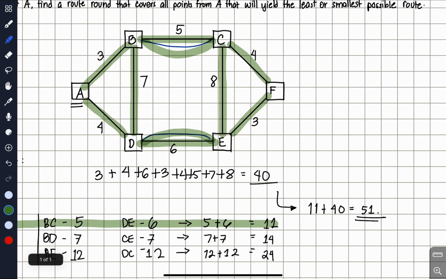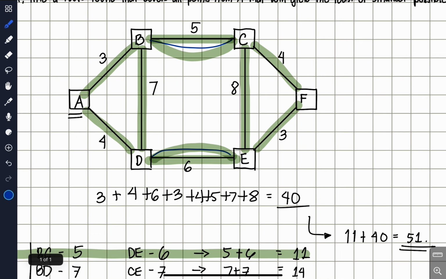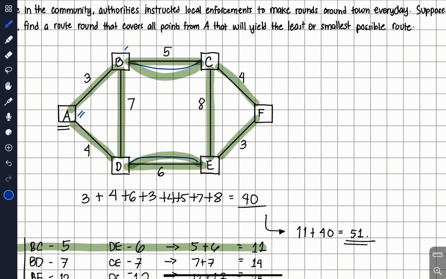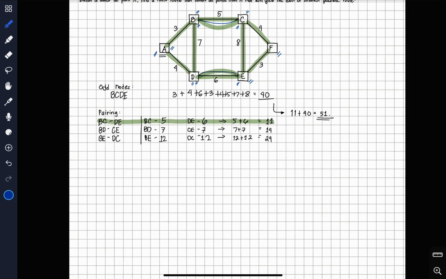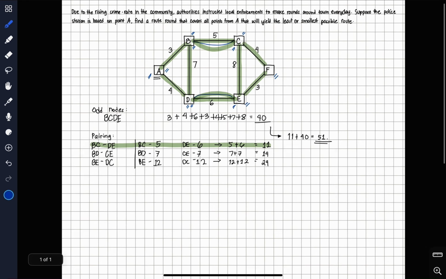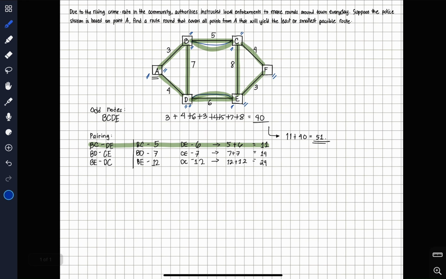We have our path. So again, we went from A, then B, C, F, E, then C again, B, D, E again, then D, then finally A. So we can have our least or smallest possible route.